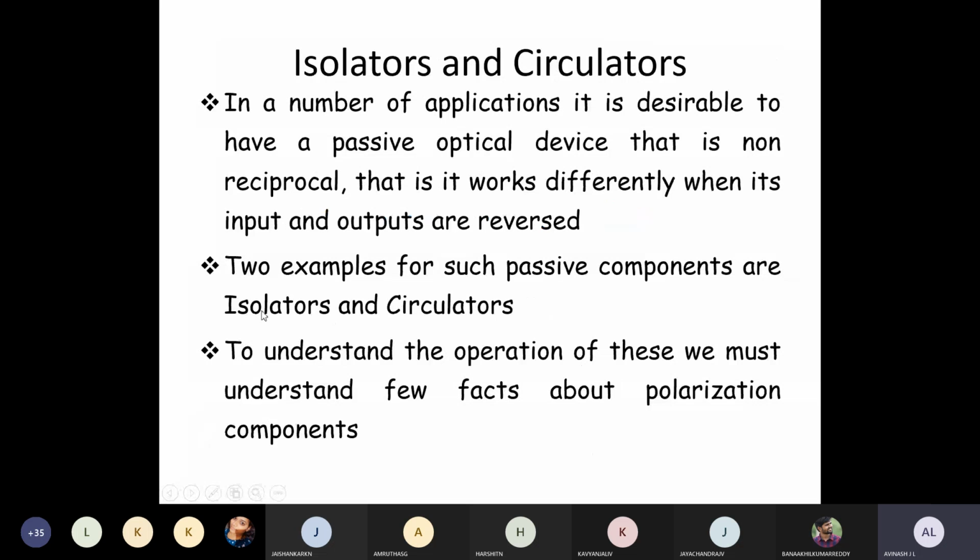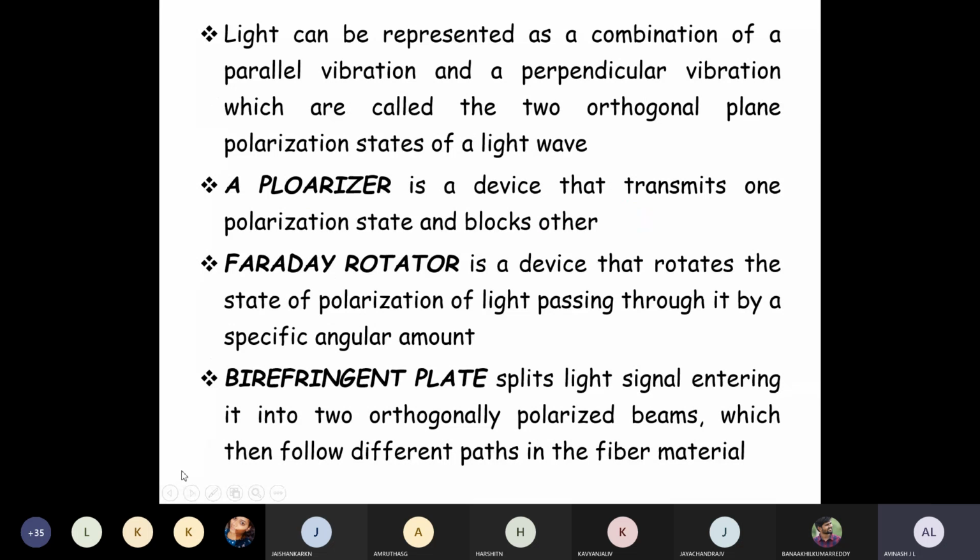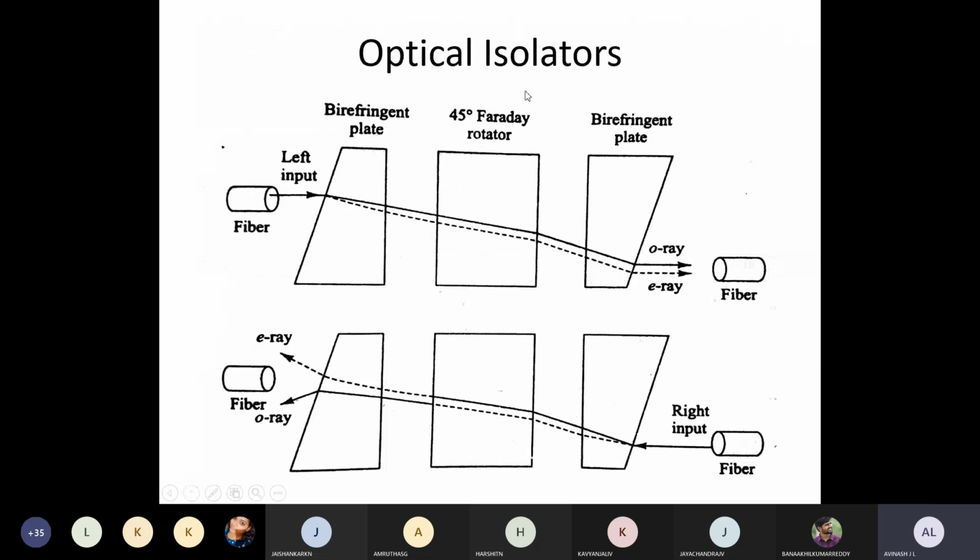And the next topic is isolators and circulators. What do you mean by an isolator? What do you mean by a circulator? Okay. What do you mean by polarizer, Faraday rotator, birefringent plate and all, we have seen. In this optical isolator, we have seen the birefringent plate and the 45-degree Faraday rotator.